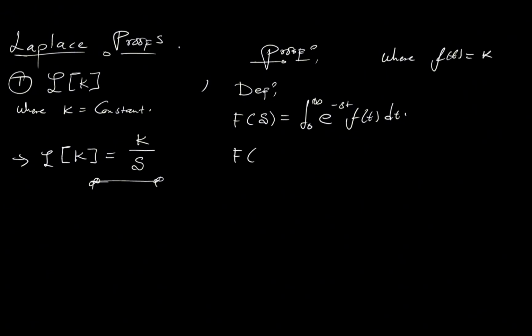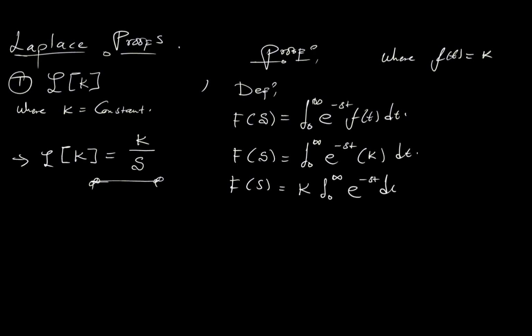So the s domain will be equal to the integral from 0 to infinity of e to the minus st of k dt. Now, since k is a constant, we know by the properties of integration, the k can be pulled out. And we have f of s being equal to k, the integral from 0 to infinity of e to the minus st dt.